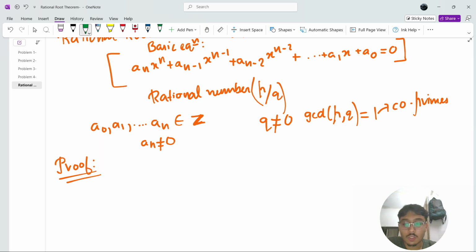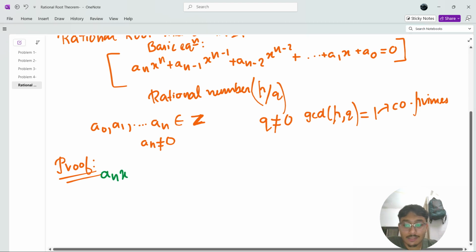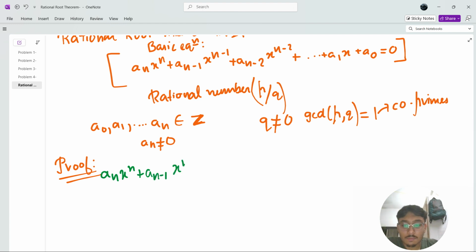So what is my equation? a_n x to the power n plus a_(n-1) x to the power n minus 1 plus a_(n-2) x to the power n minus 2 plus ... plus a_1 x plus a_0 equal to 0.